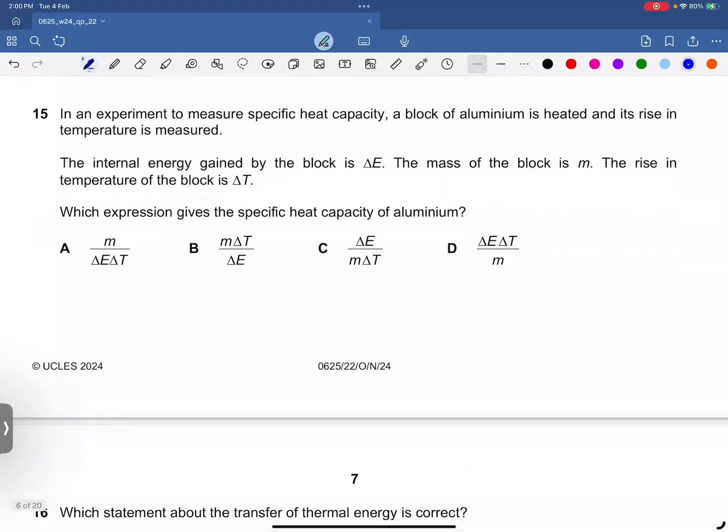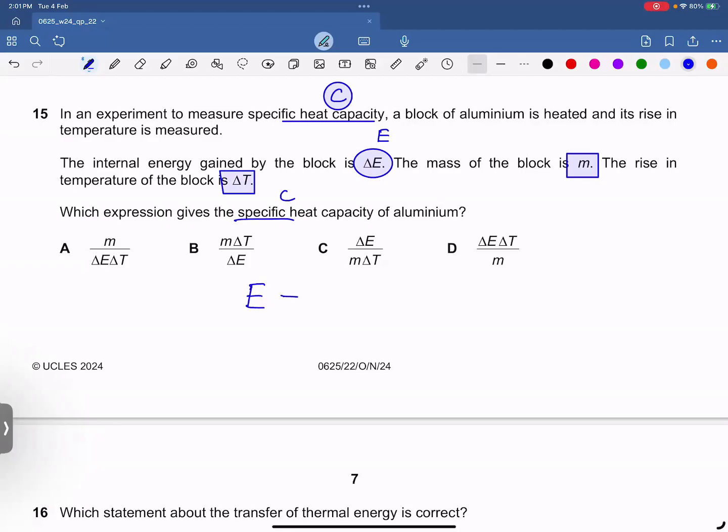In an experiment to measure specific heat capacity, C, a block of aluminum is heated and the temperature rise is measured. The internal energy change is delta E, the mass is M, and the temperature rise is delta T. What is the specific heat capacity?